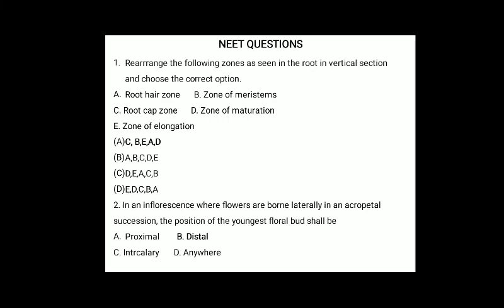The correct arrangement is C B E A D, that is root cap zone followed by zone of meristems, followed by zone of elongation, followed by root hair zone, and finally the region of maturation. Why? Because the typical root possesses five parts or regions.